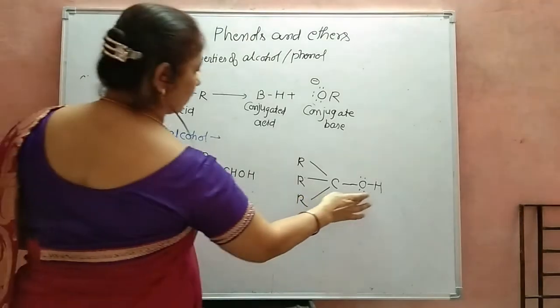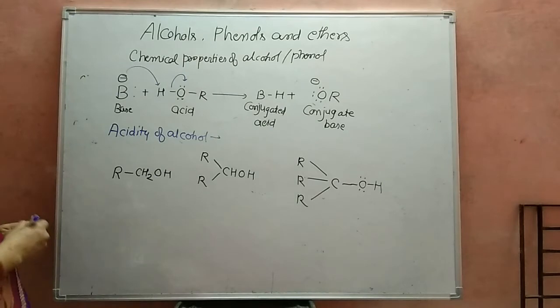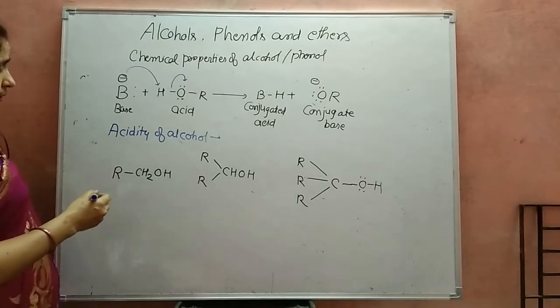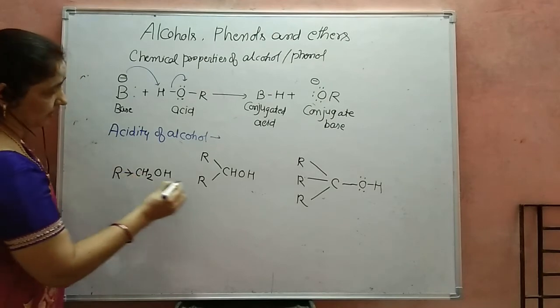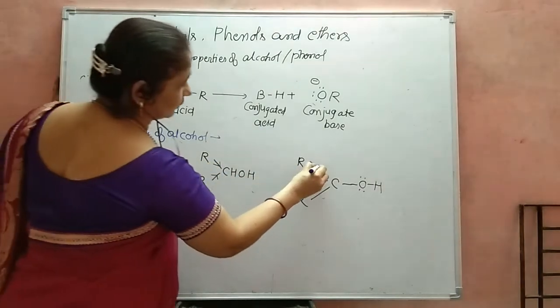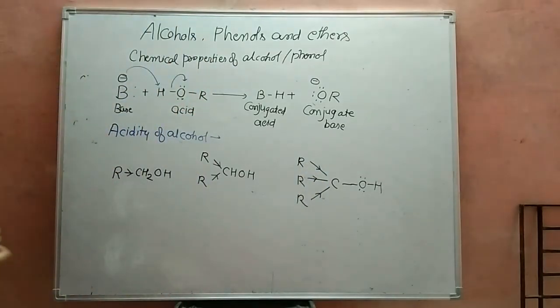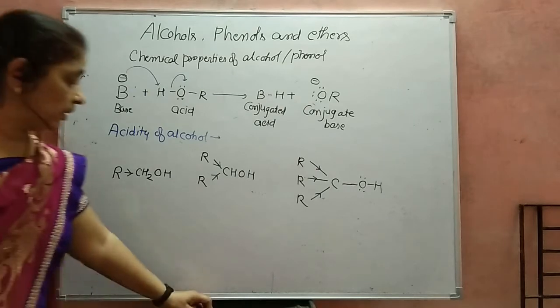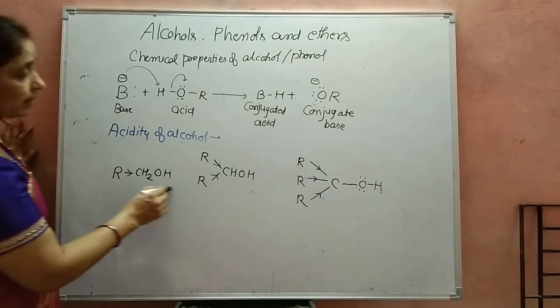See here, look at the model. You know that R group is an electron donating group. ठीक है, R group is an electron releasing group.